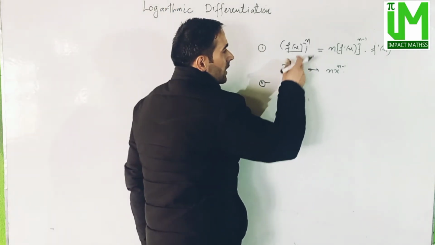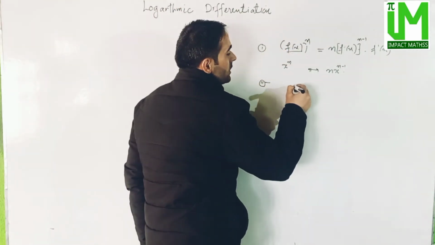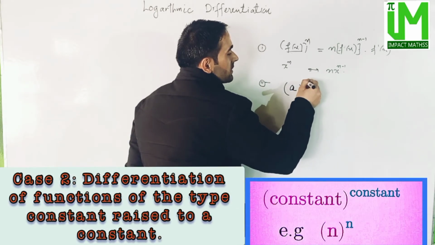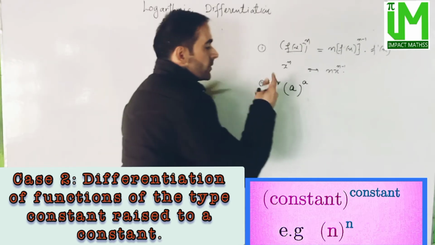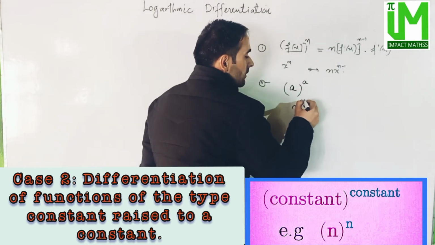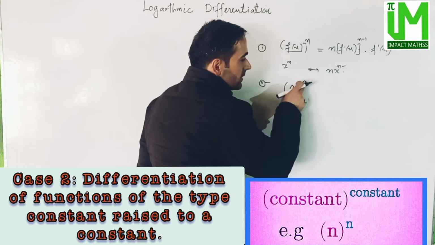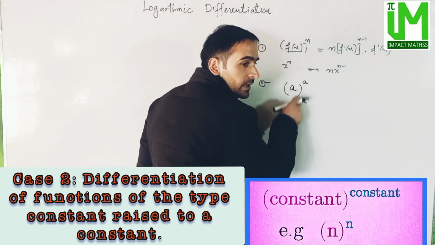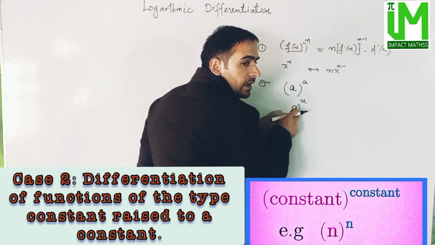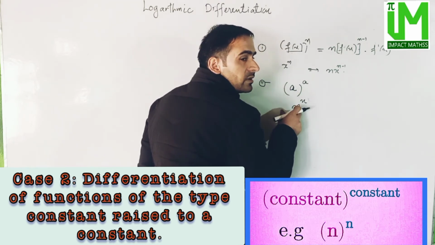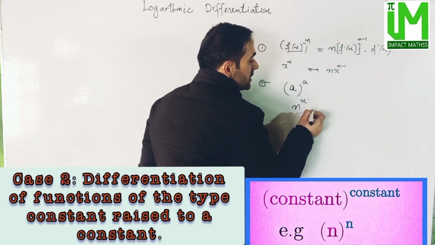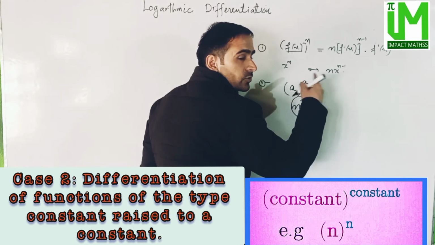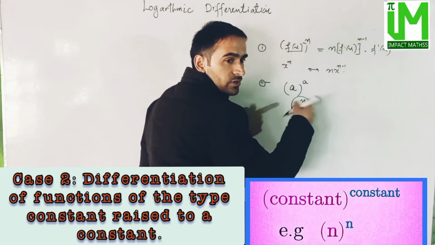Again, suppose we have a raised to power a. Here a is the base and this a is the power, and a stands for any constant. So it will be a constant raised to a constant power, and whatever constant we take to a constant power, we end up with a constant.